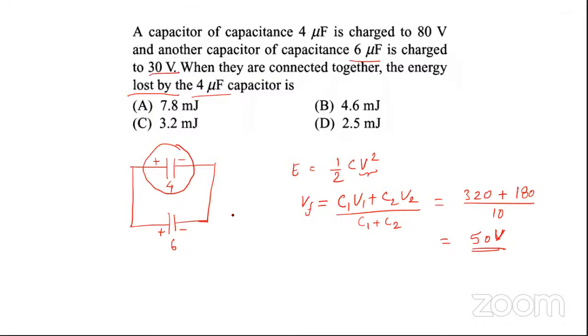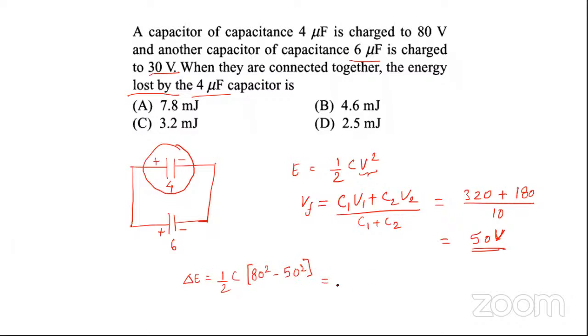So we can find out the energy difference for the 4 microfarads capacitor. That will be delta E equals half C. We can take C common, and then initial first, that is 80 square minus 50 square.